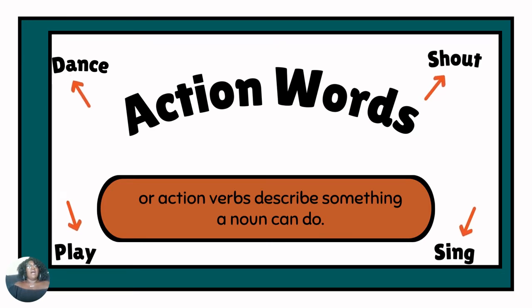Left hand bottom corner, play. Right hand bottom corner, sing. All these words are action words. Again, dance, shout, play, sing. Action words or action verbs describe something a noun can do.